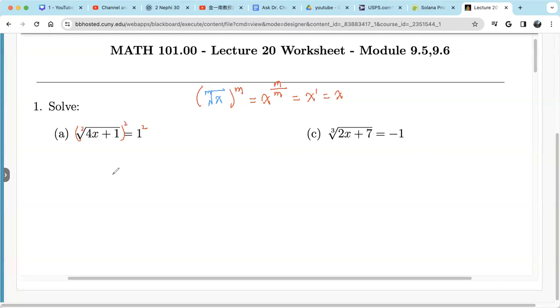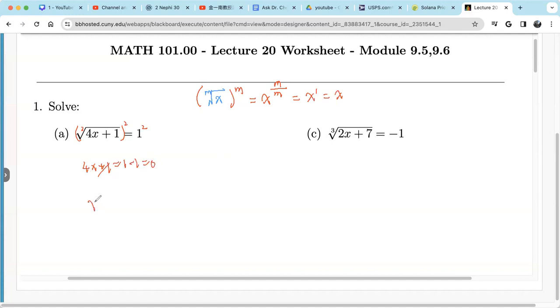Okay, so we're going to use this feature for solving radical equations. For A, we see the index is 2, so we want to square both sides. 2 over 2 is 1. So we have 4x plus 1 equals 1 squared, still 1. Now we subtract 1 on both sides. 1 minus 1 is 0.